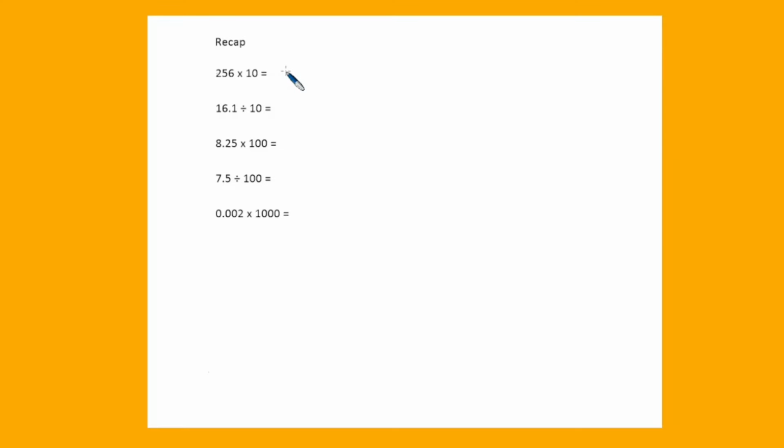We have 256 times 10, and that would simply mean that we take our 256.0, multiplying it by 10 means that we're going to move the decimal point one place to the right. So that's going to give us 2560.